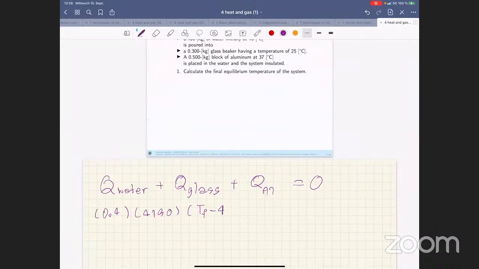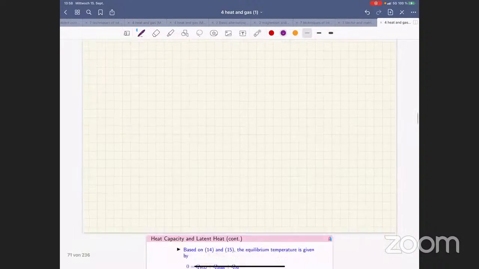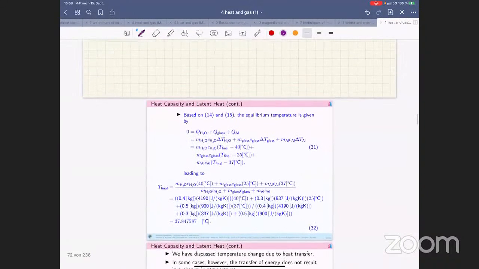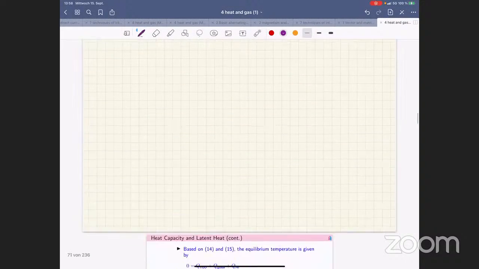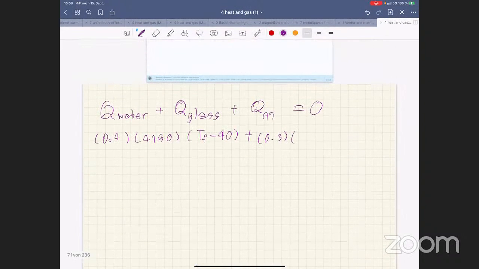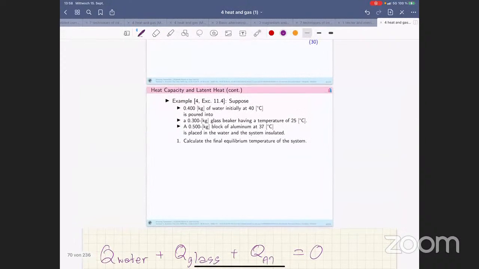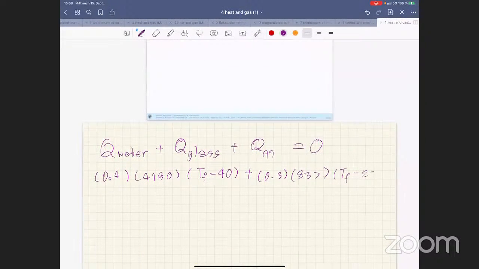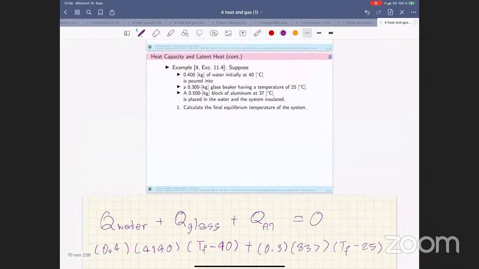It starts from 40 degrees Celsius, and plus Q glass, right, which is the mass of the glass, 0.3, and the specific heat of the glass is 837, and the temperature change of the glass is TF minus 25, right? And then plus the third term, which is 0.5.